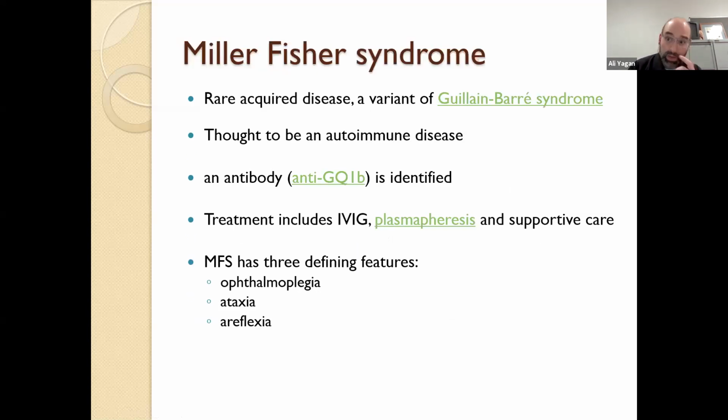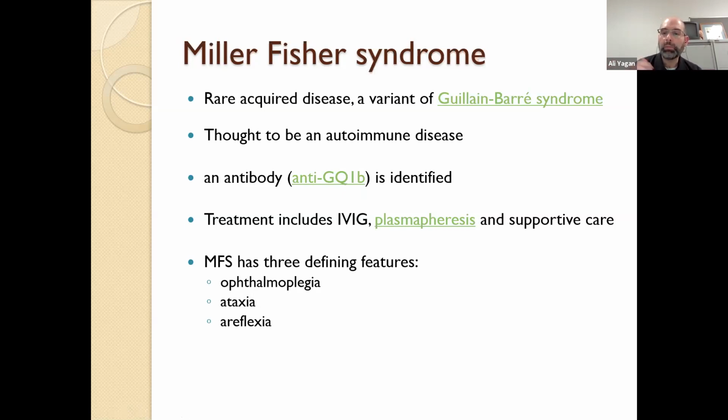Another kind of mimicker or difficult one to pick up is Miller-Fisher, a variant of Guillain-Barré syndrome, an autoimmune condition. Usually the key marker here is the anti-GQ1B, where you get raised levels of these antibodies. It can cause ophthalmoplegia that can be similar to a third nerve palsy, fourth nerve palsy, or sixth nerve palsy, but usually a combination of these.